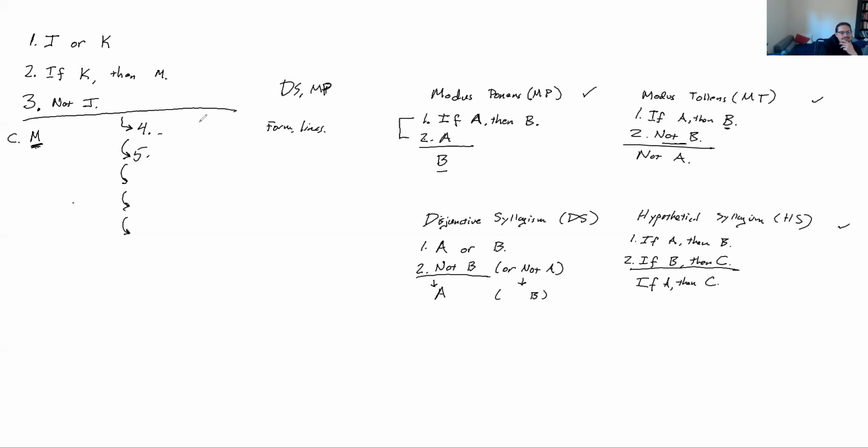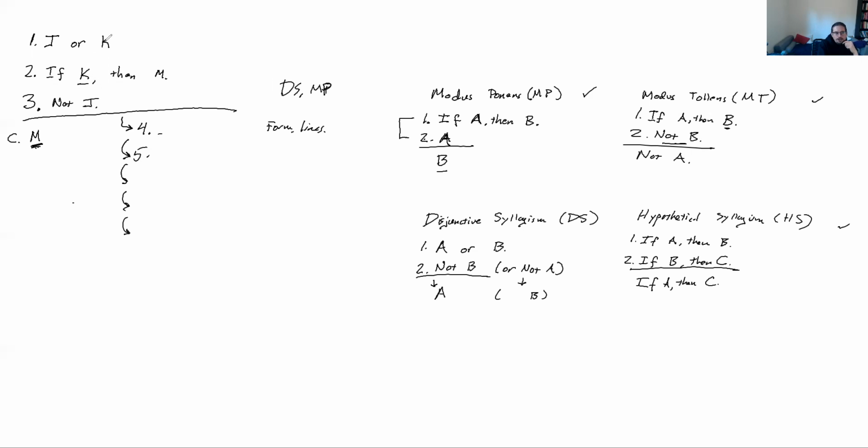Okay, so what does this mean? Now let's take a look at which one we should use first. Would it be modus ponens? The answer is no. The reason why is, if we look at this, if K then M, that's what our first line is for modus ponens, right? But that requires the antecedent, here K, to be true.